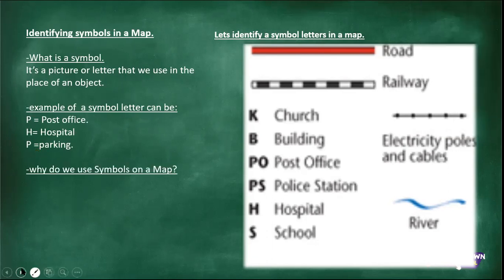Why do we use symbols in a map? Who wants to tell me why we use symbols in a map? Tabelo. Tabelo. Okay, Jordan.